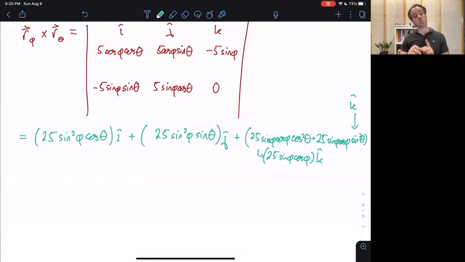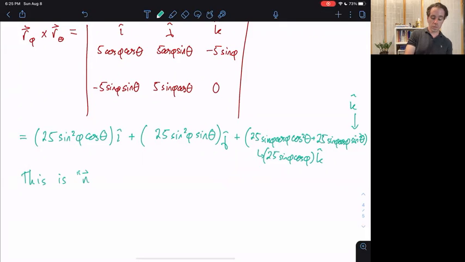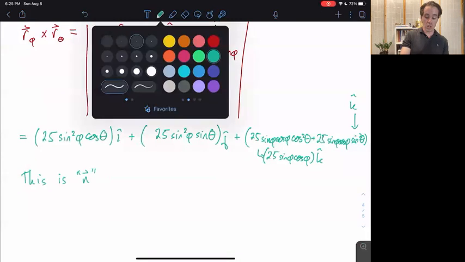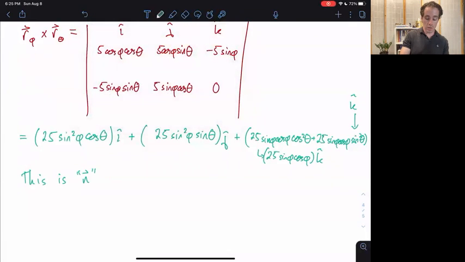At this point, you need to stop and take a look at the orientation of this because this is a stand-in for the usual unit normal vector that you use in the integral. And the unit normal vector is the thing that determines the orientation. So check out the orientation of this thing.